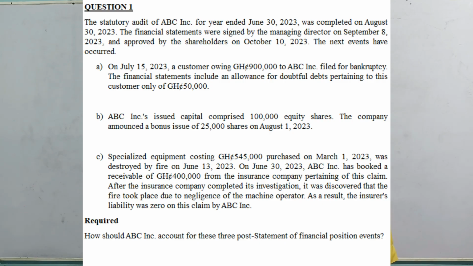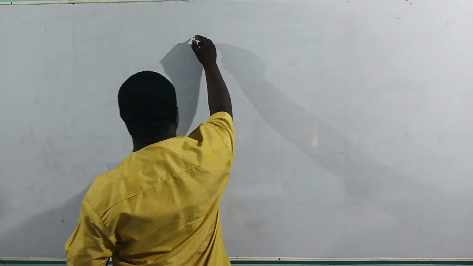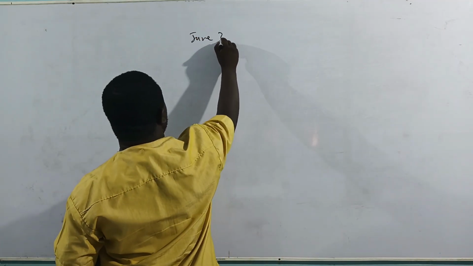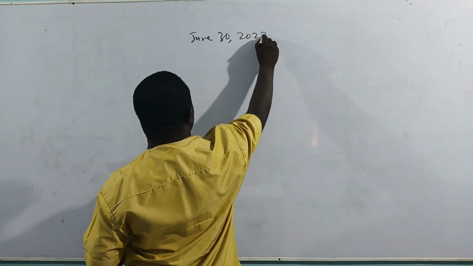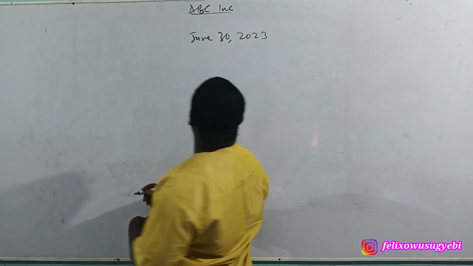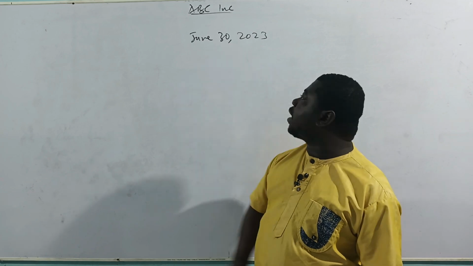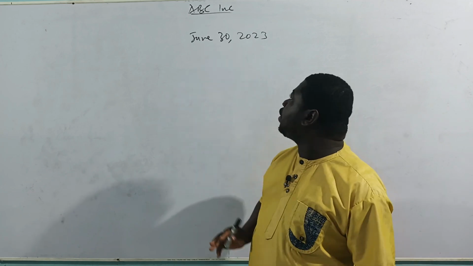The statutory audit of ABC Incorporation for the year ended June 30th, 2023 was completed. Now, so the accounting year ends June 30th, 2023. This is ABC Incorporation. June 30th, 2023. This is the date that represents the end of the accounting year for ABC Incorporation.